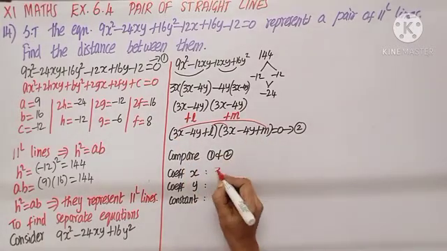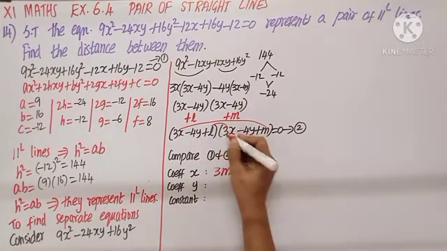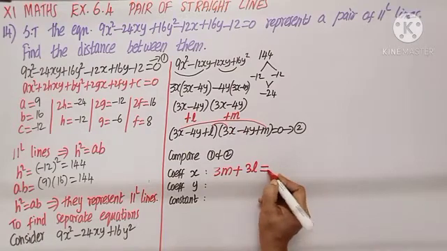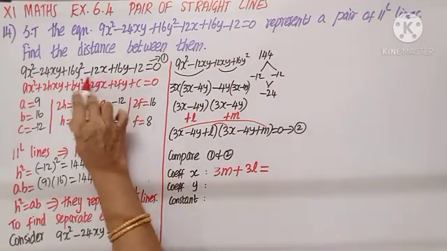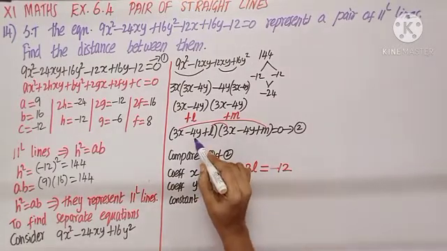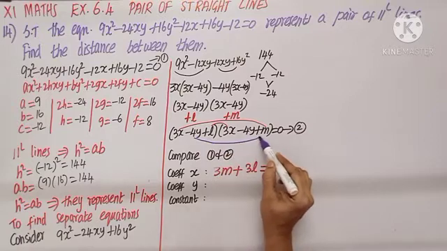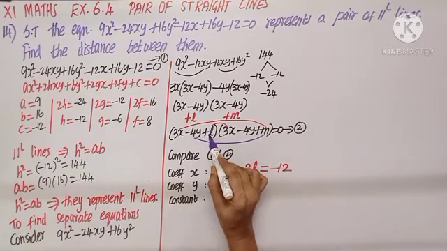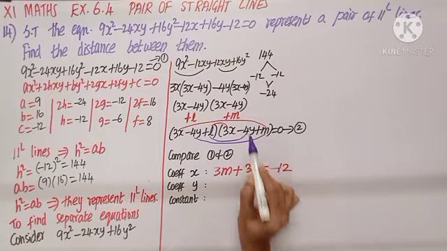So what is my equation? 3 into M plus 3 into L equals the coefficient of x, which is minus 12. To get the coefficient of y: y from the first bracket, constant from the second; constant from the first, y from the second.